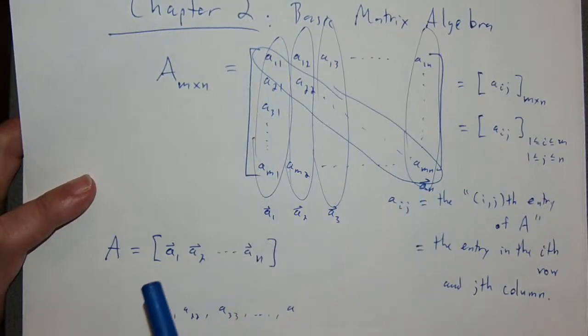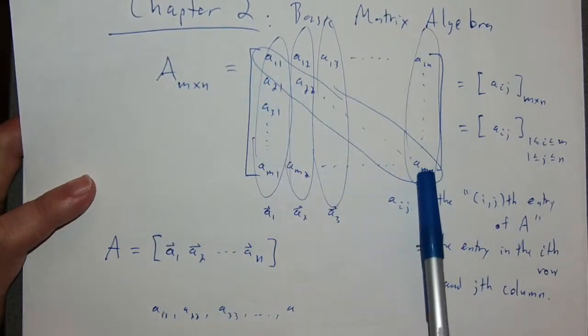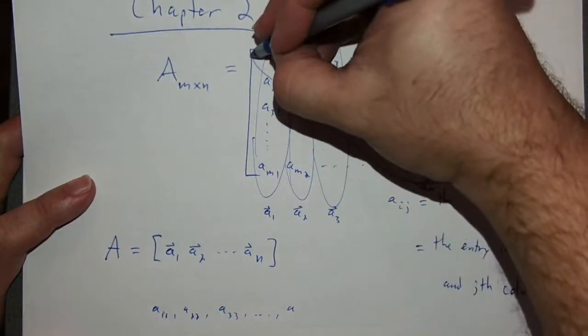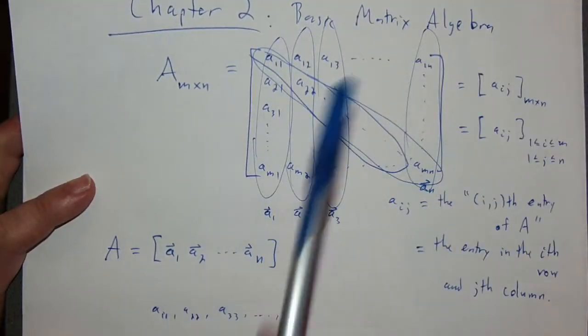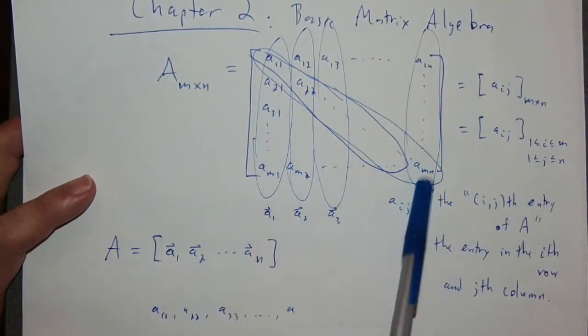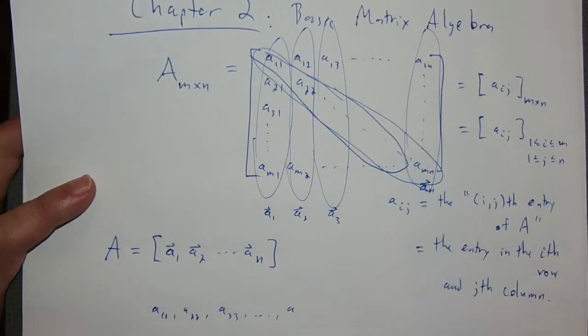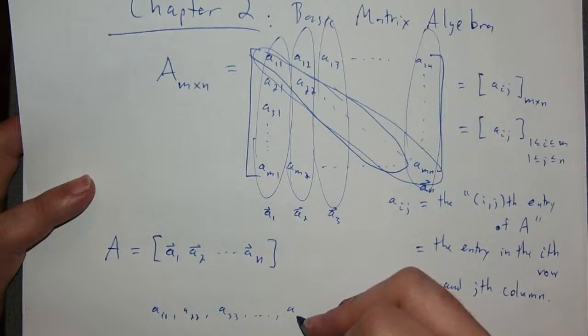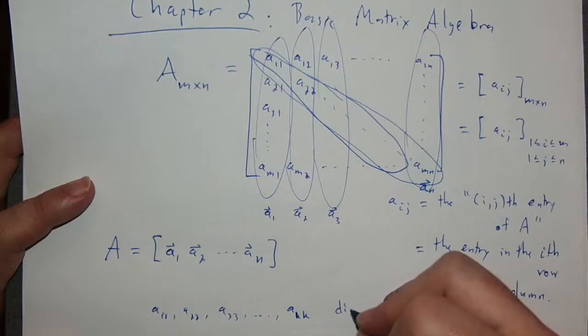Maybe it's a little bit misleading because the diagonal starts in the upper left, but it doesn't necessarily terminate here. So maybe I should do something like this instead. Now for square matrices, the last term in the diagonal will be this bottom right corner. But we'll say all the way up to A sub kk. All right. These are the diagonal entries.